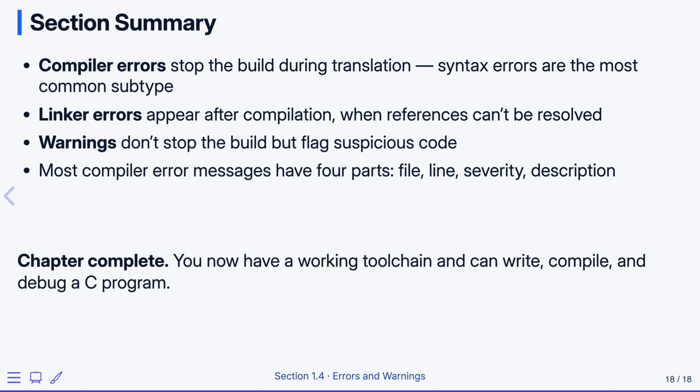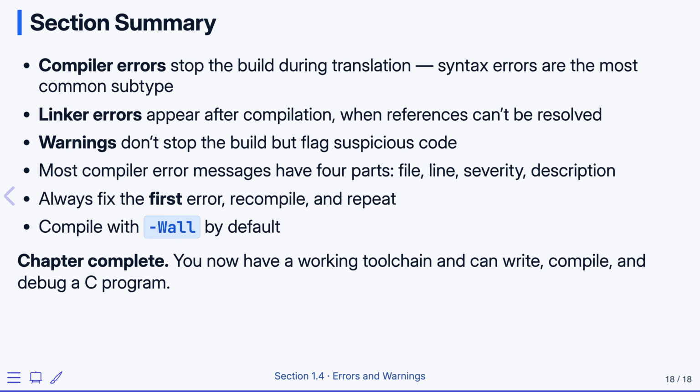Most compiler error messages have 4 parts: file, line, severity, and description. Always fix the first error, then recompile. And compile with -Wall by default. That completes Chapter 1. You now have a working toolchain, and you can write, compile, and debug a C program.